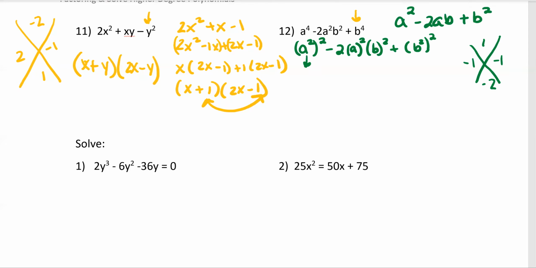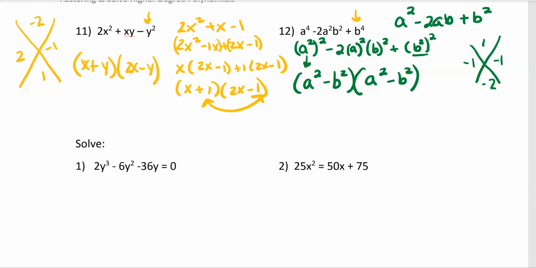So we need a squared in our parenthesis, and we need to get a b squared. So we're going to have a squared times b squared. I stand corrected, we need a b to the 4th. And then we need a squared minus b squared.